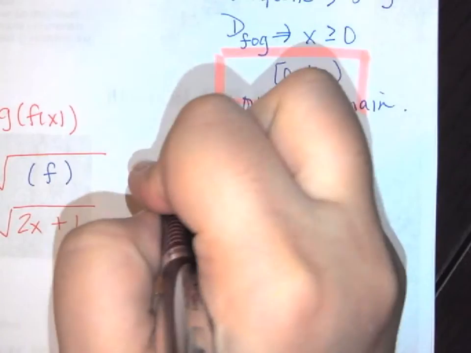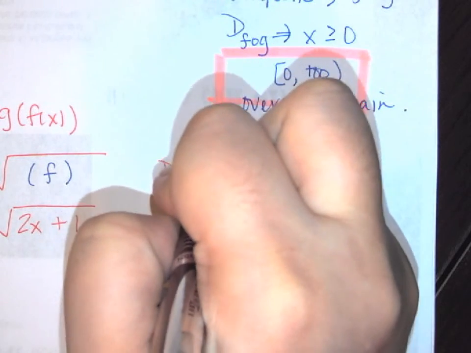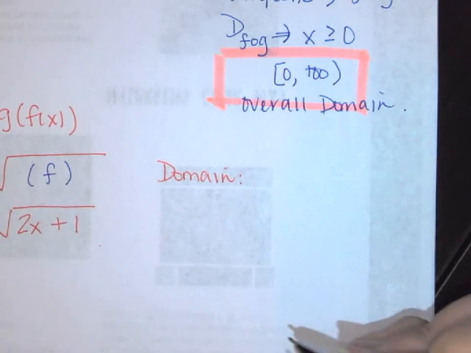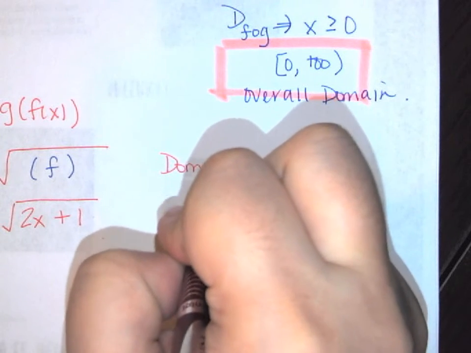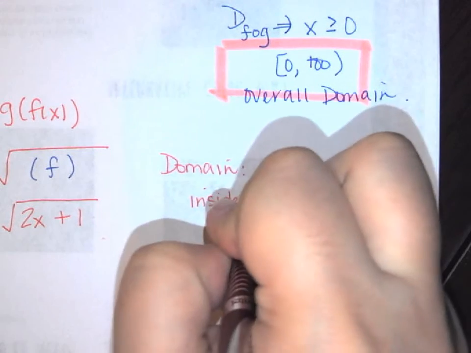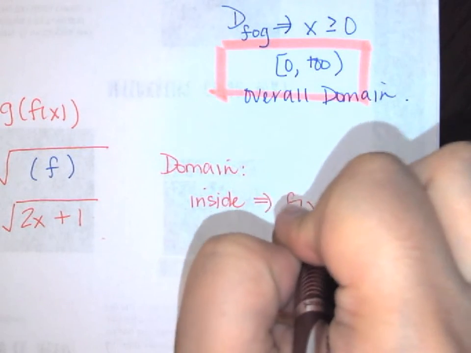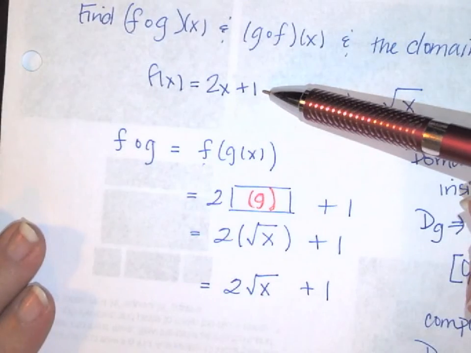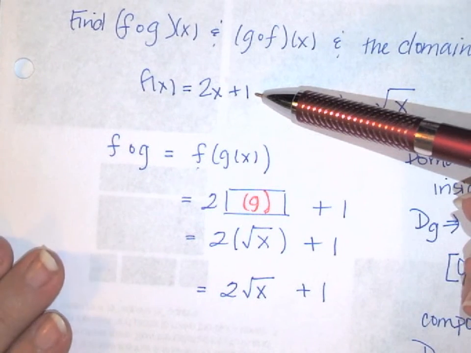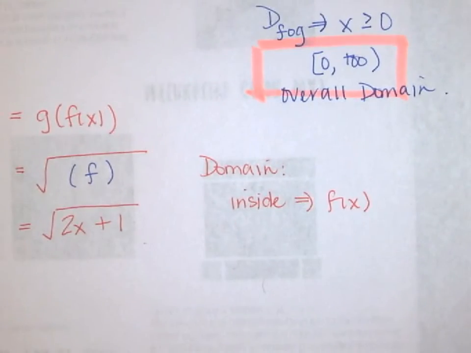So the second thing we had to do again was look at the domain. The first thing we have to look at is the domain of the inside function, which this time is f of x. Well, f of x here was 2x plus 1. That is a linear function.